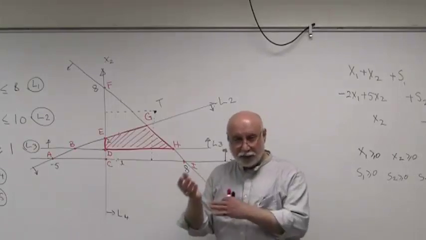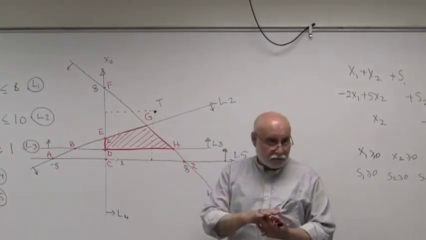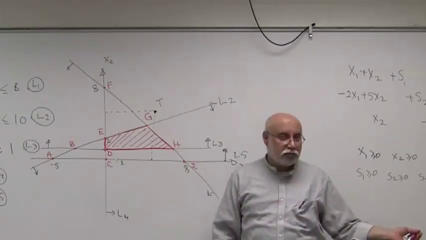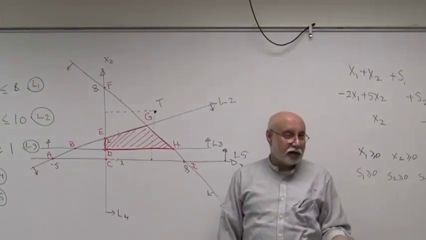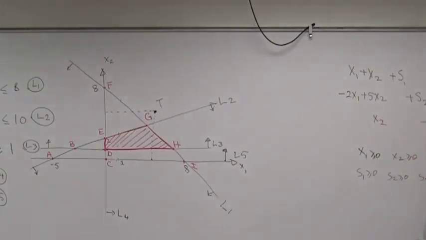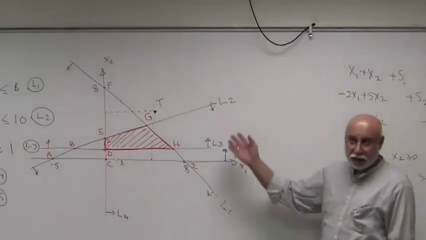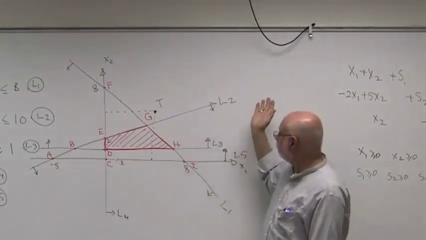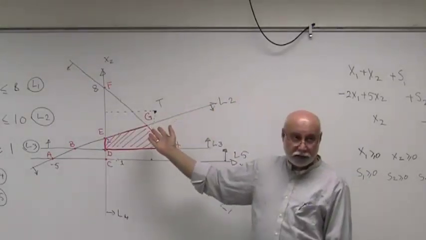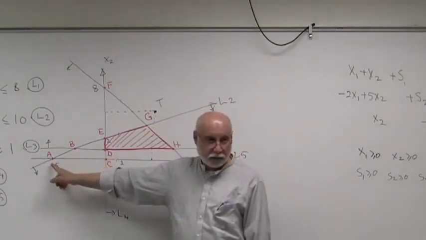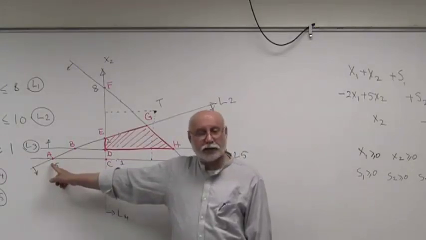So it can be S1 and x1. It can be S2 and x2. Well, do we have a point that has S2 and x2 equal to 0? S2 is on line L2. X2 equals 0 is on this line. That's where that point is.